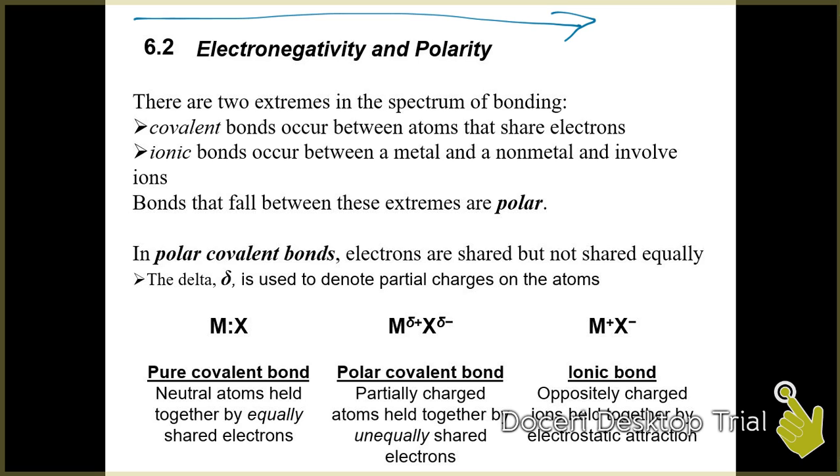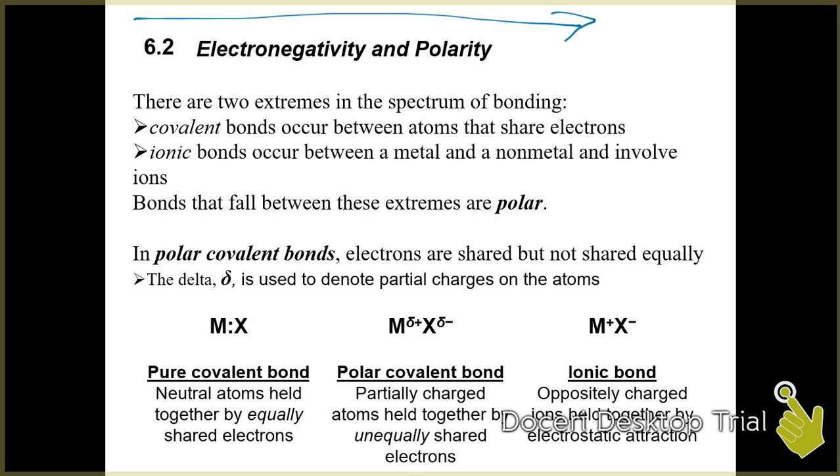But non-metals like halides, oxygen, halide is group 7, they try to gain electrons. So going from left to right in the periodic table, electronegativity increases.